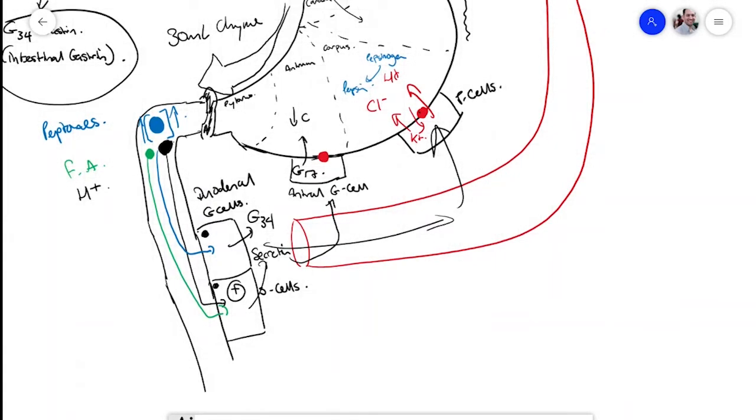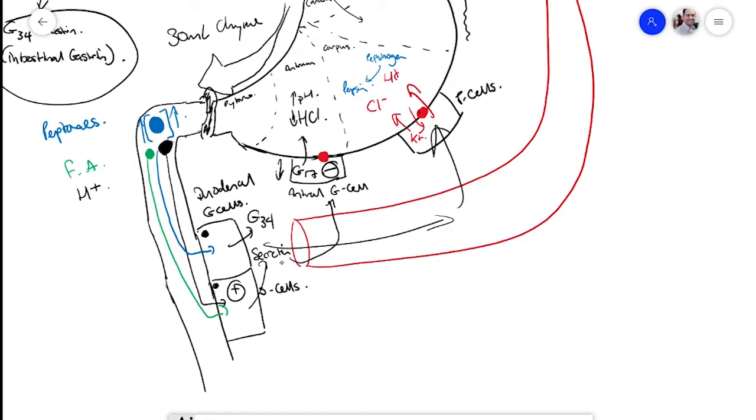The secretin doesn't stimulate the antral G cell to release gastrin. It inhibits the antral G cell from releasing gastrin. So if we decrease the G17 release, we decrease the amount of hydrochloric acid in the stomach, and we therefore increase the stomach's pH.